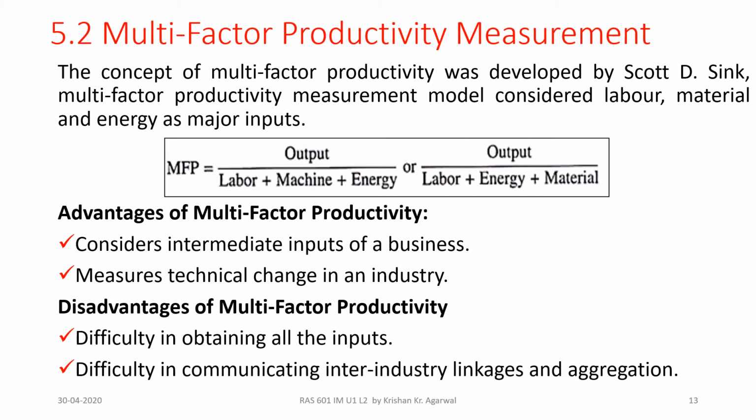We are considering only a few, more than one, but a few of the factors that are influencing the productivity. And also it is difficult to say that it's equivalent to the total productivity. No, the resources other than labor, machine as well as energy also influence the productivity to a large extent.